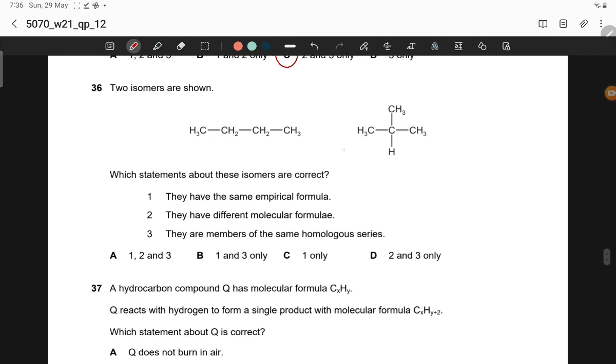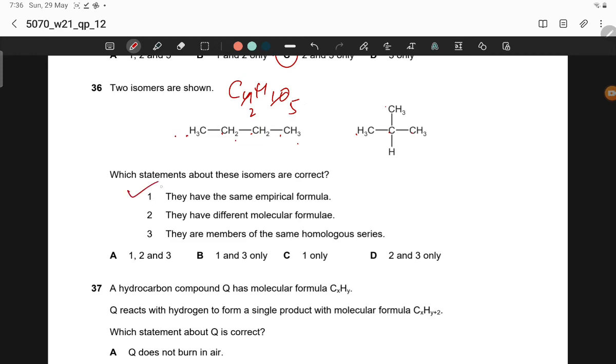Two isomers are shown. Which statements about these isomers are correct? They have the same empirical formula. C4H10.